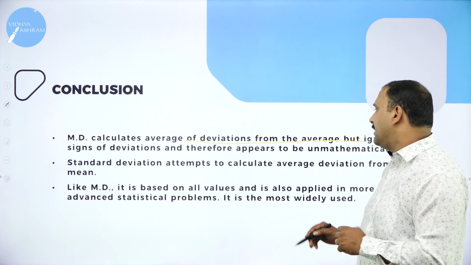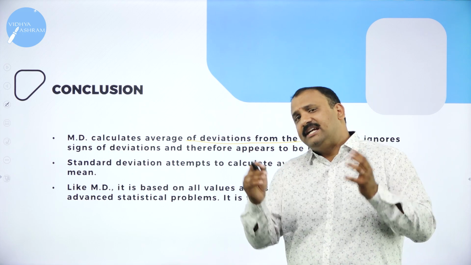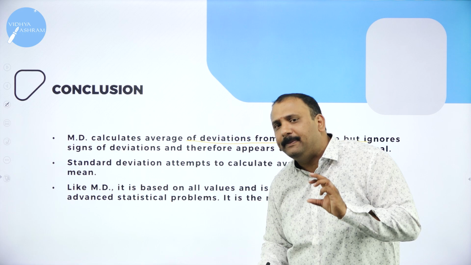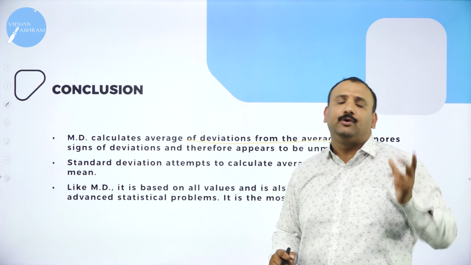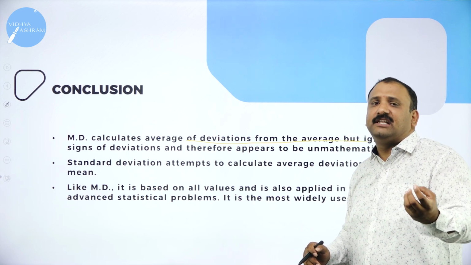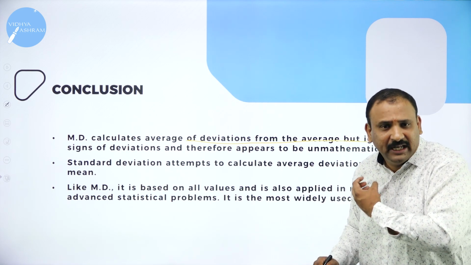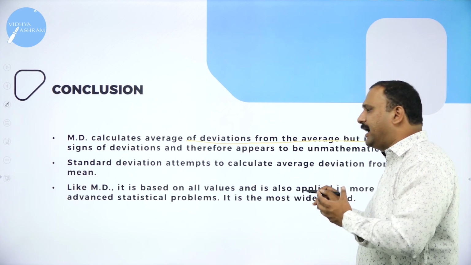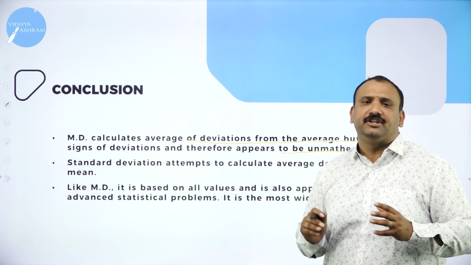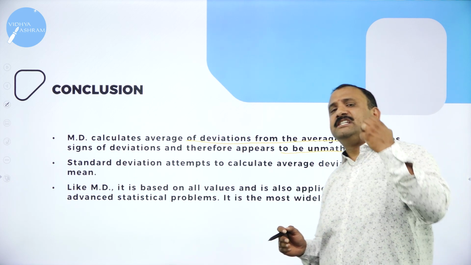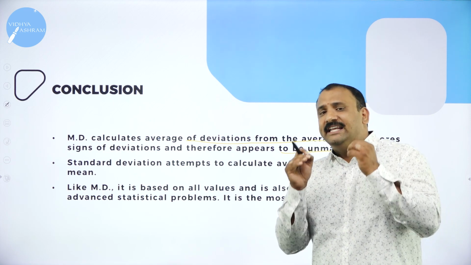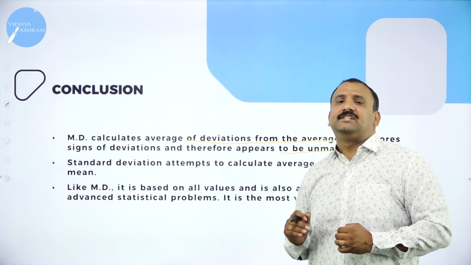Mean deviation ignores the signs of deviation, so sometimes you might not get an exact or accurate value. It might ignore the smaller values, so you might find it unmathematical in nature. It is just a one-stand answer, and is not able to give you an exact answer every time.